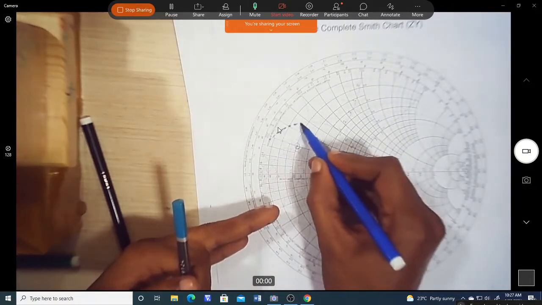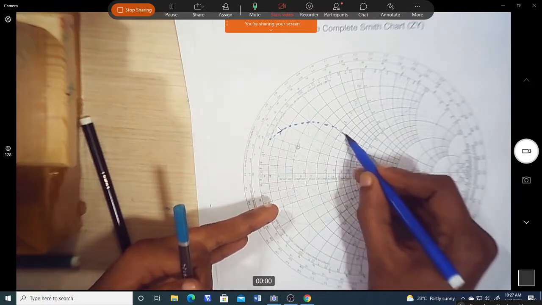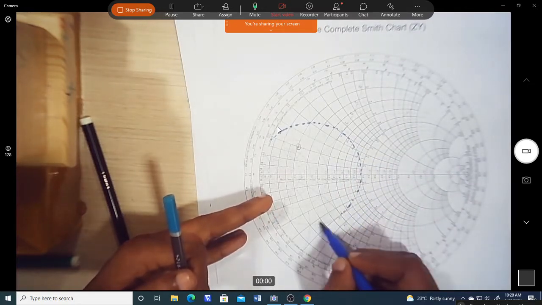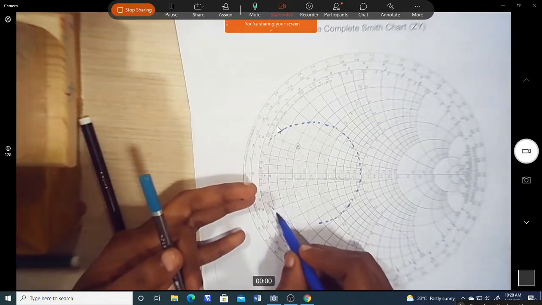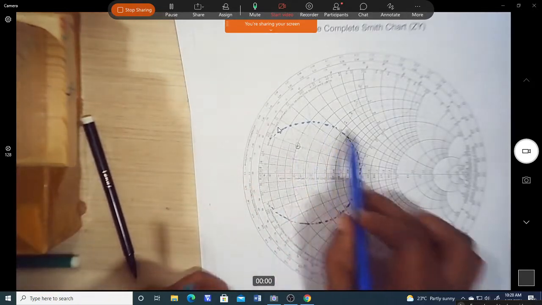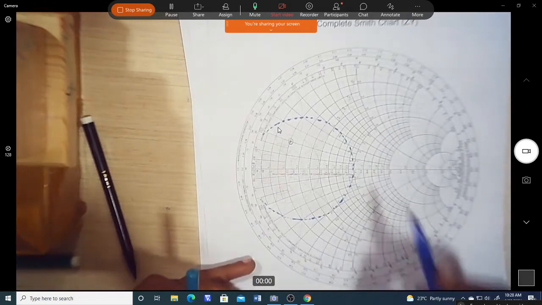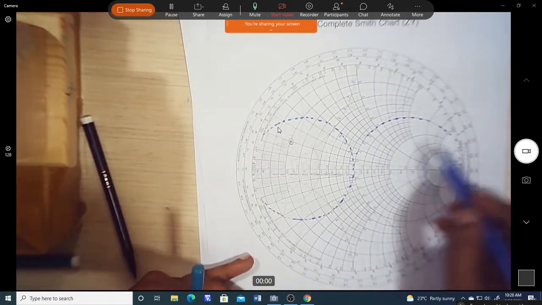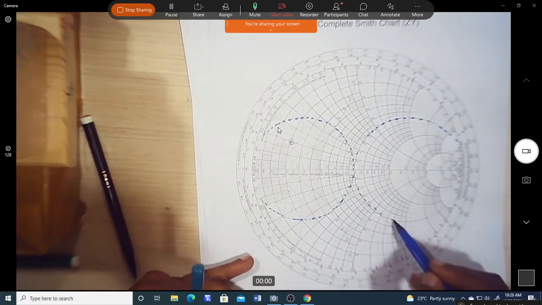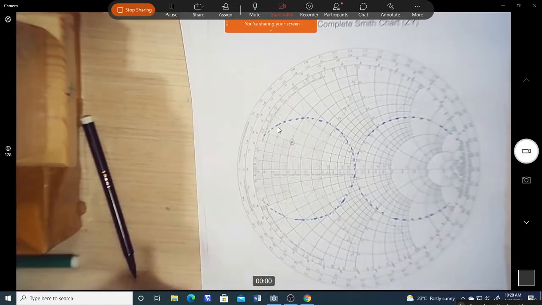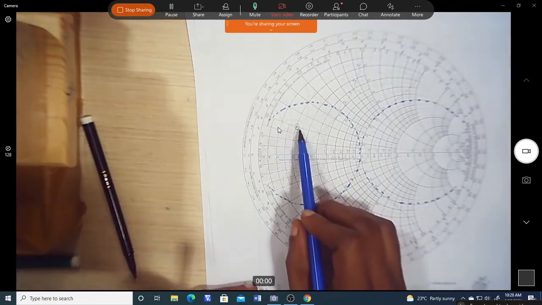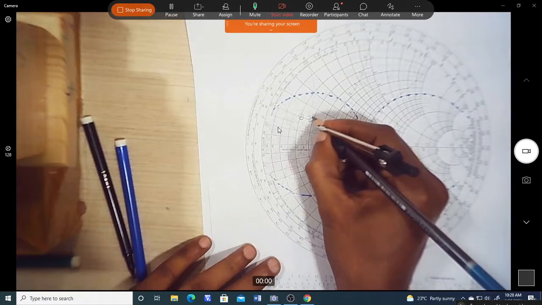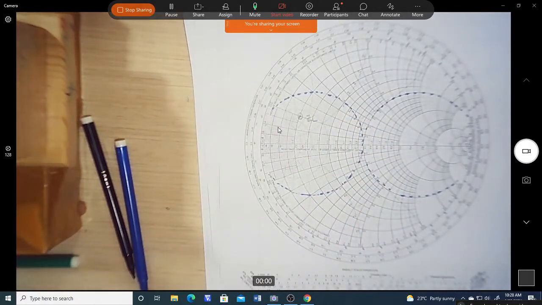Now you can see this is the actual unity conductance circle, and similarly this is the unity resistance circle. So the location of ZL is actually inside the unity conductance circle.